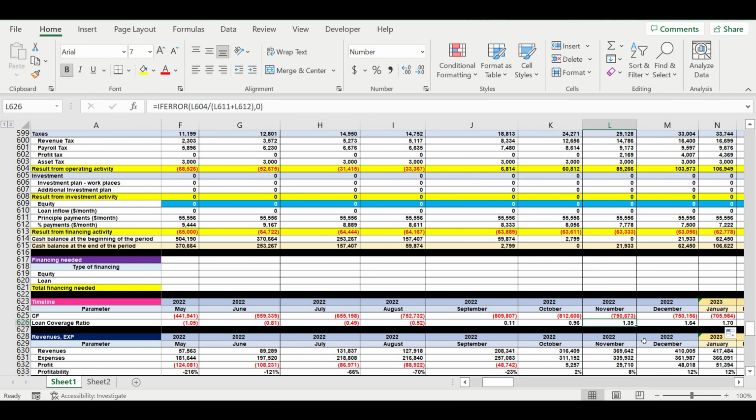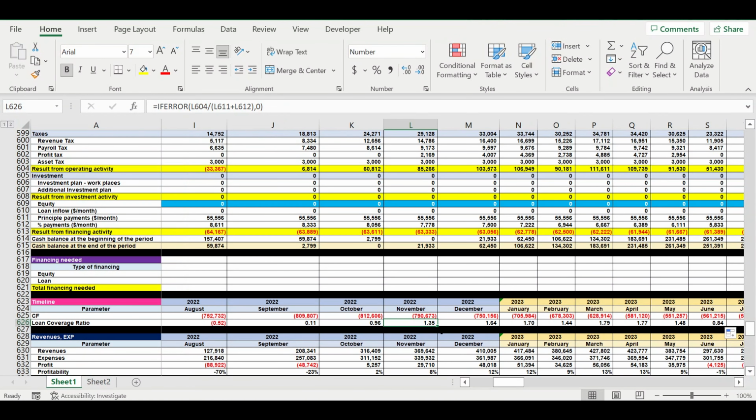And here is the first moment when the loan coverage ratio becomes more than 1, and this means that the operating profit is bigger than the total amount of money that we pay to the bank. The first rule is that the loan coverage ratio should be more than 1. If it is less than 1, this means that your project isn't capable of paying the debt. The second rule is that if it is more than 1, it should be as much as possible.